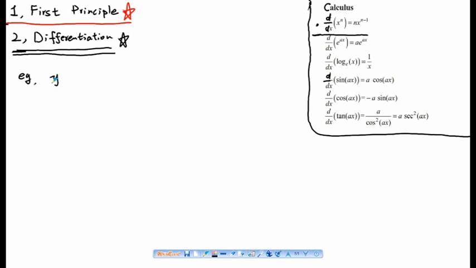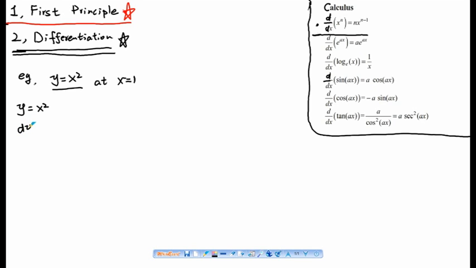If I want to find the gradient of the graph y equals x squared at x equals 1, what I do is differentiate. I copy down my question, y equals x squared, and I differentiate.